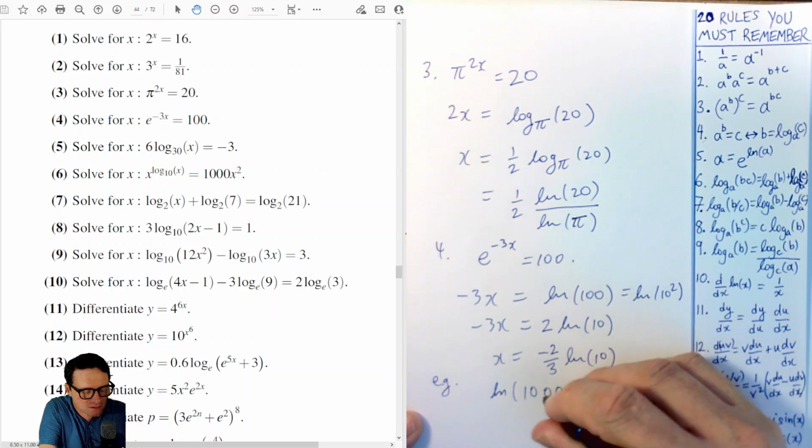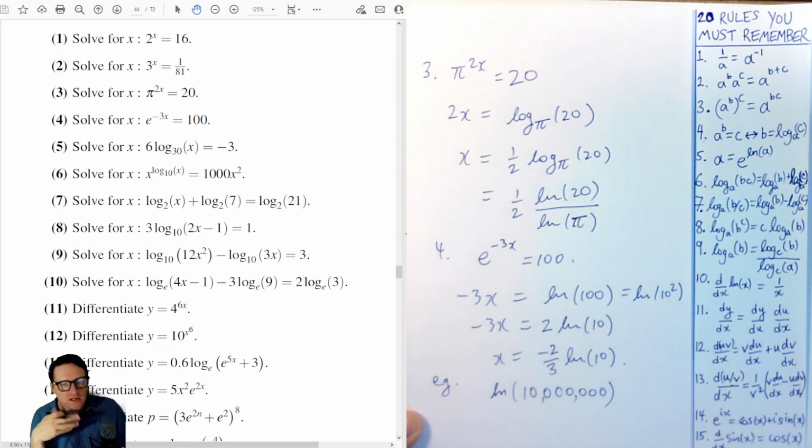Is that 10 million? Okay, I'll put the commas in so it's clear. 10 million. Natural log of 10 million. Well, this would be a bit of a pain to say and a bit of a pain to enter into a machine. Okay, so you can count how many zeros. We've got 7 zeros. So that makes this 10 to the power of 7 inside the brackets.